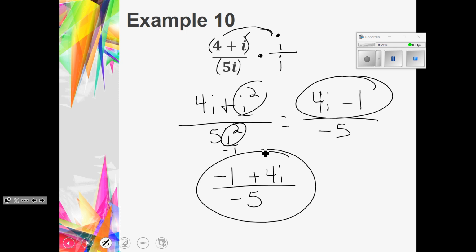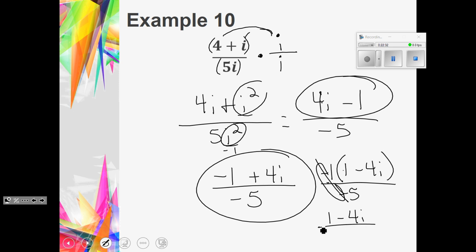You could, if you wanted to get the negative out, factor a negative out of the top. This is another way to make this, and it'll change all the signs here. It'll make this positive, and then 4i negative, and then you could cancel out these negatives on the outside. So it could become 1 minus 4i over 5.